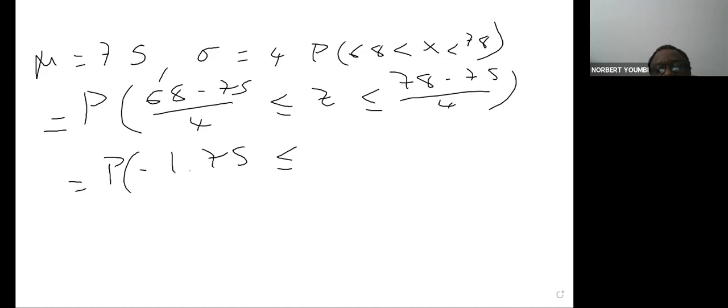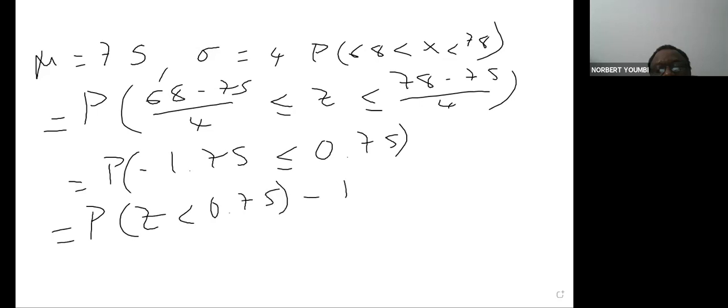And 78 minus 75 is 3, divided by 4 is 0.75. So using the table, for those who want to use the table, you will do the probability that z is less than 0.75 minus the probability that z is less than negative 1.75.